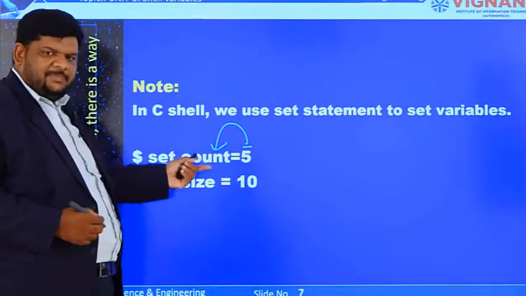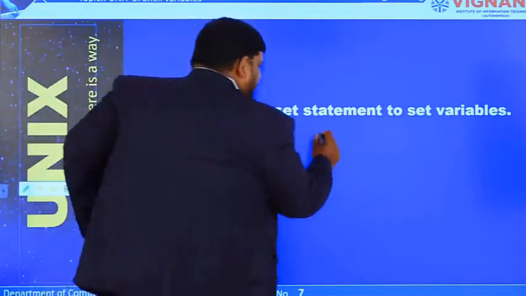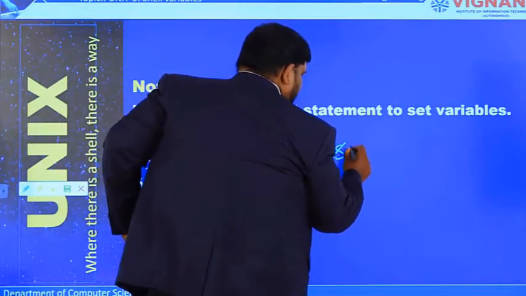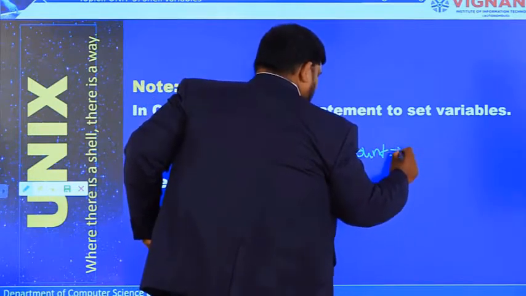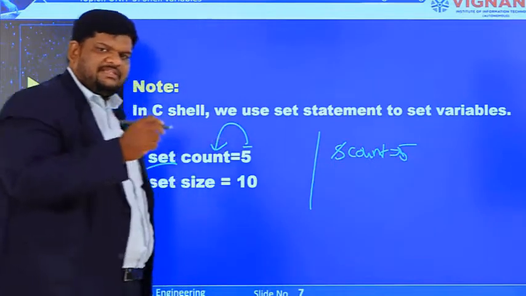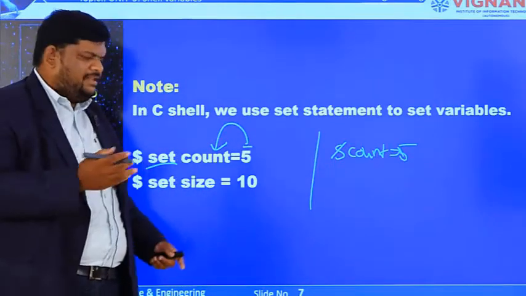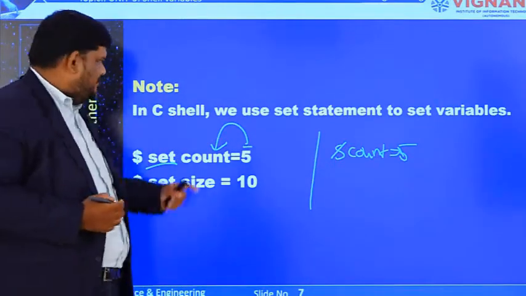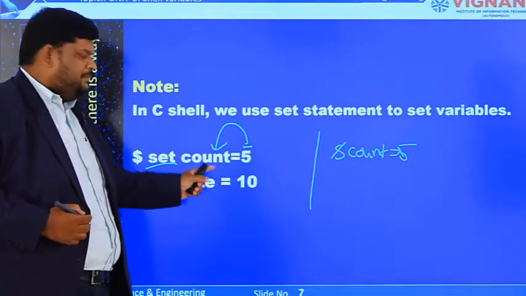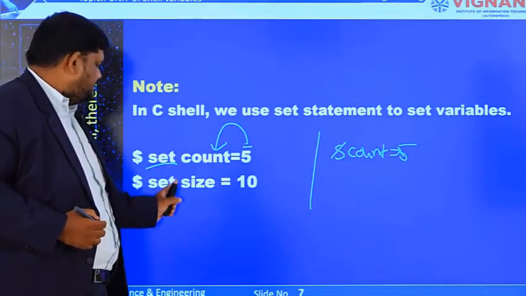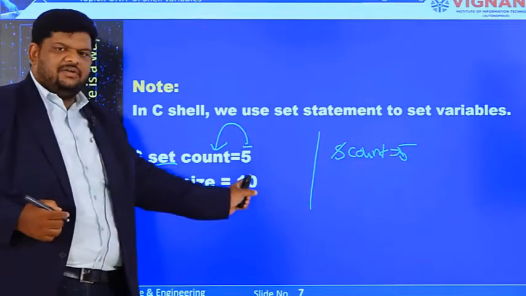Whereas in Bourne shell, as in the previous explanation, at the shell prompt we just write count is equal to value, with no set command. But in C shell we have to write the set command. Another example: set space size is equal to 10.